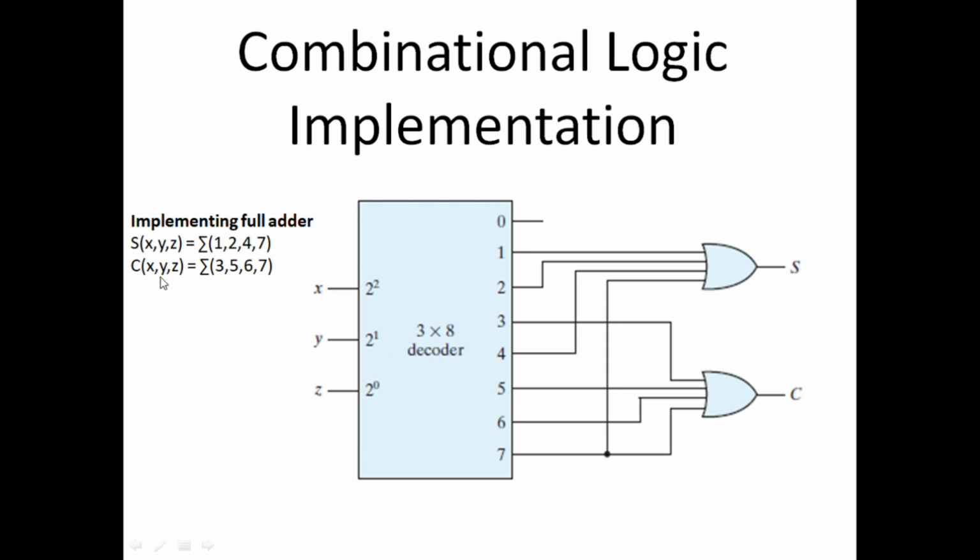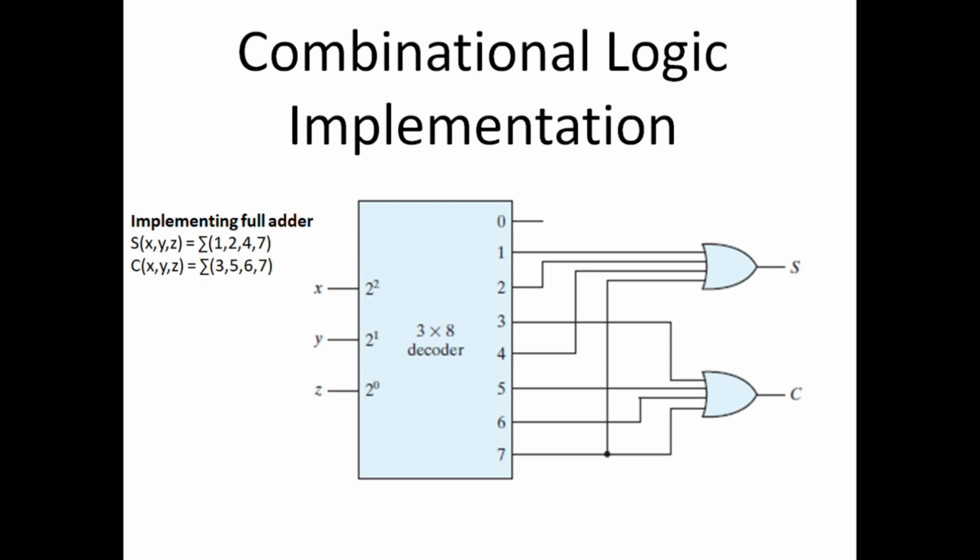Similarly, the carry bit is the sum of minterm 3, 5, 6, and 7. So we just sum these minterms, and we get the carry bit of the full adder.